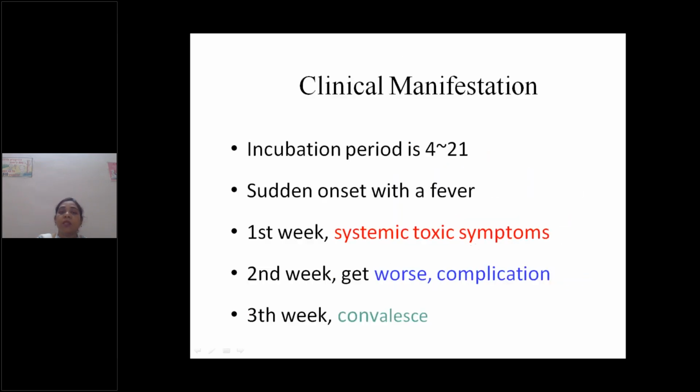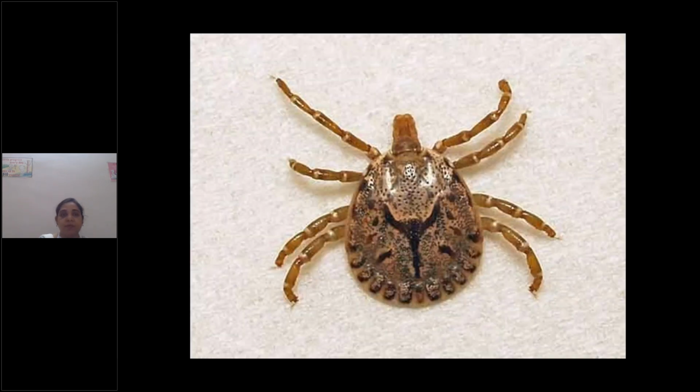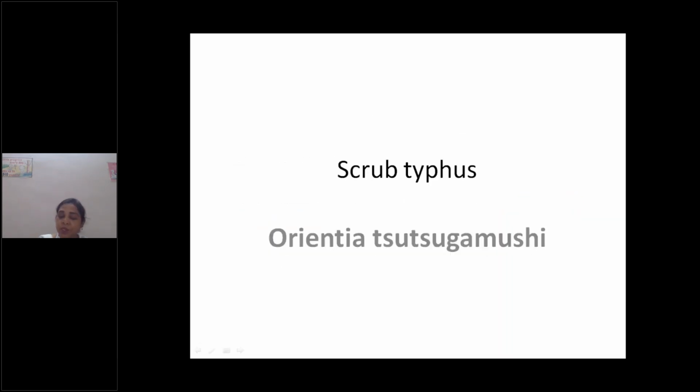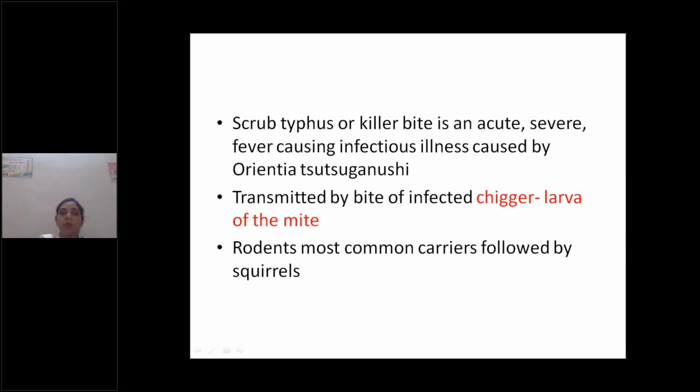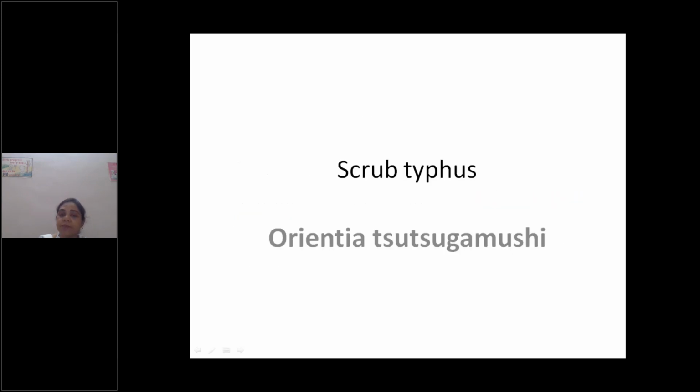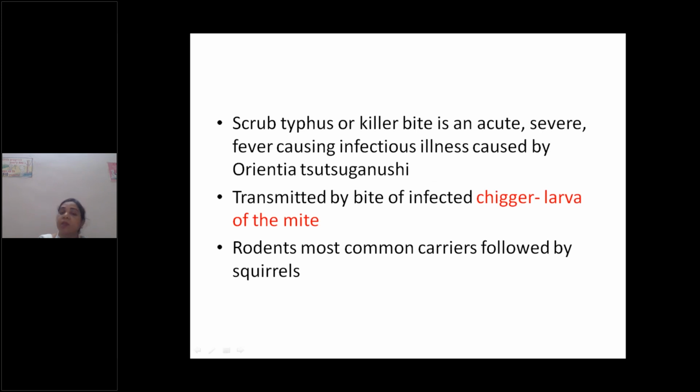Okay, so this is about scrub typhus. All of you understood? Right? So what is scrub typhus? It is caused by Rickettsia species Orientia tsutsugamushi. It is also called the killer bite, which is an acute, severe fever-causing infection.